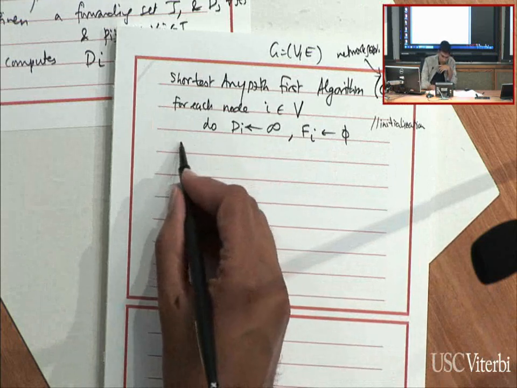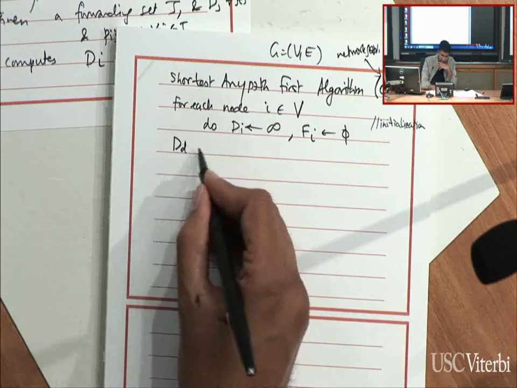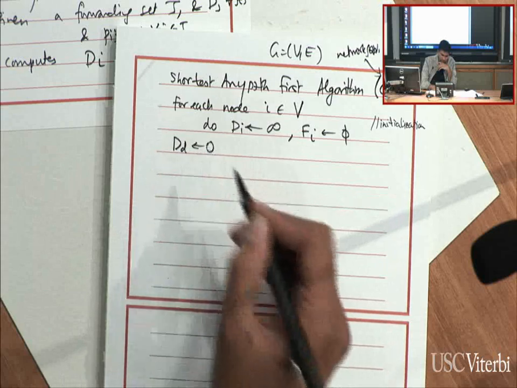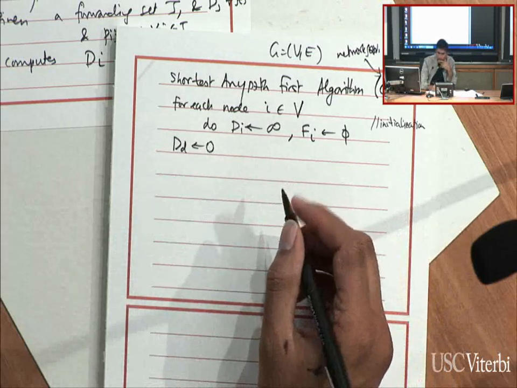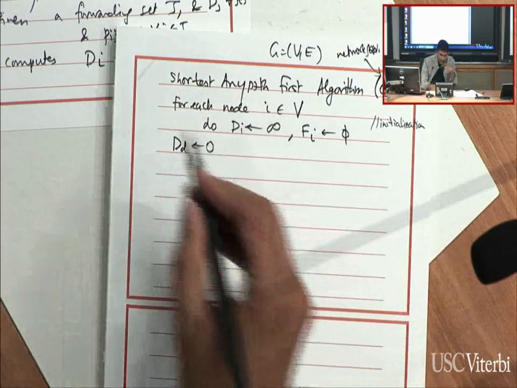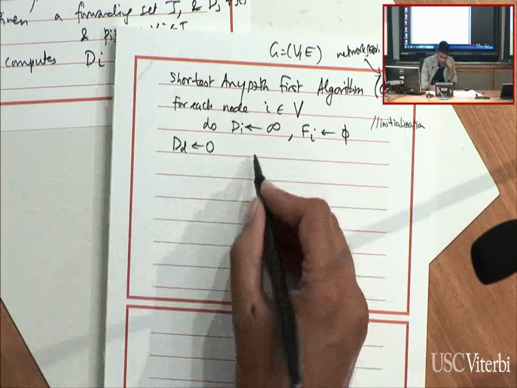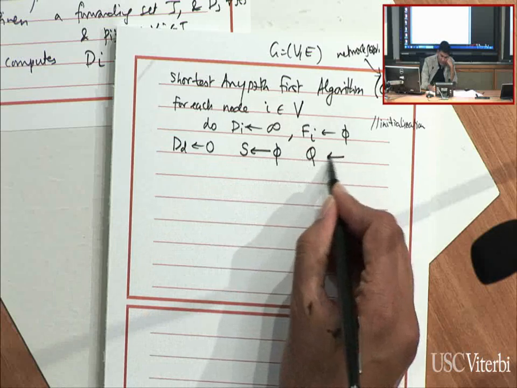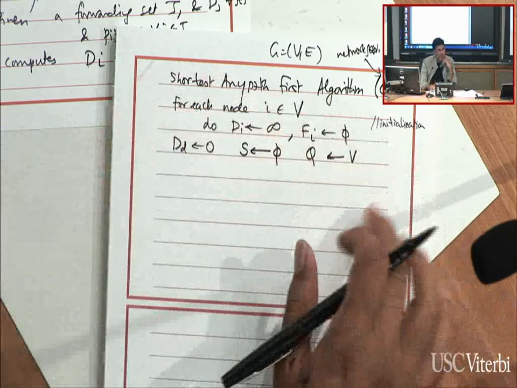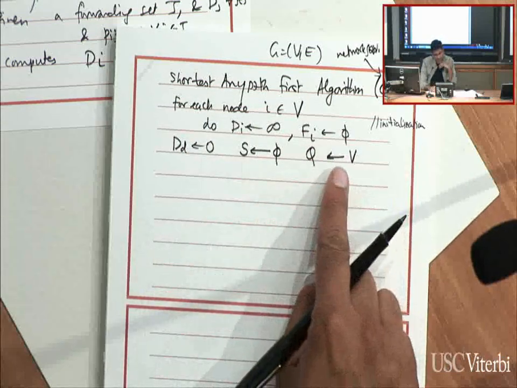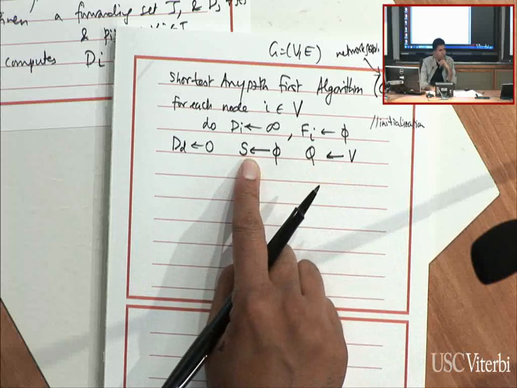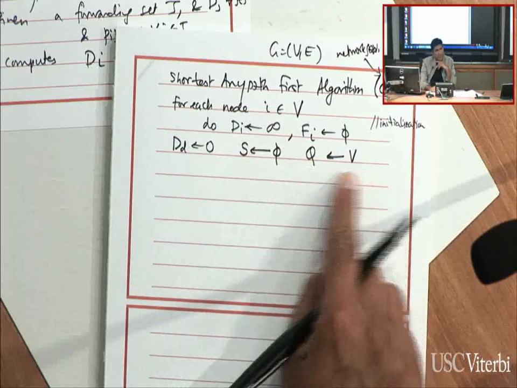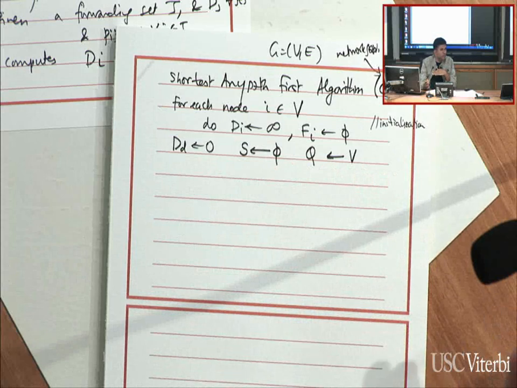Then for the destination node, the distance is 0 because it is the destination node. There are going to be two sets that we maintain called S and Q. S initially is empty, and Q initially has all the vertices of the whole graph in it. And as the algorithm proceeds, we keep moving nodes from Q to S. When eventually Q runs out and S has all the nodes, the algorithm is going to terminate.